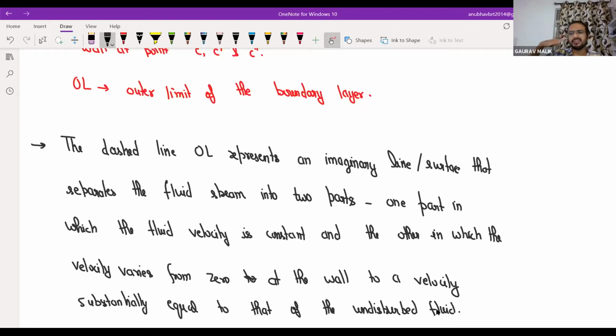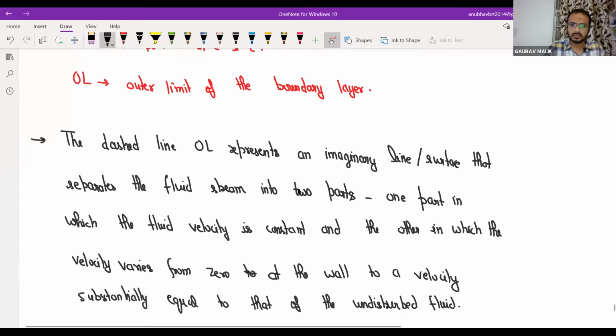So in the lower part, 0 to 99% of the free stream velocity, and after that, the free stream velocity that is constant. So in one region, velocity is going to change, and in one region, velocity is nearly constant. Write down the next point.